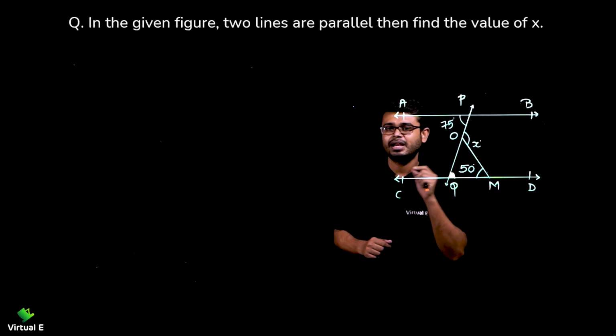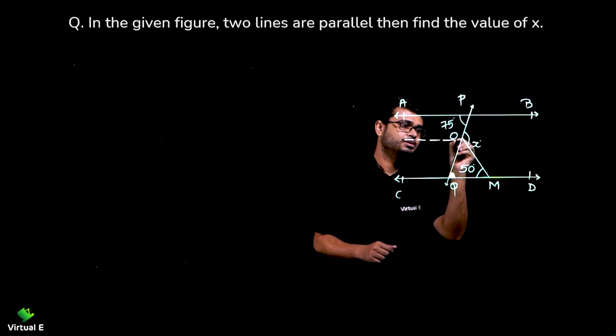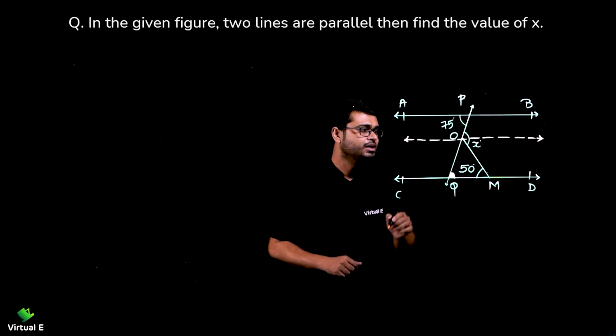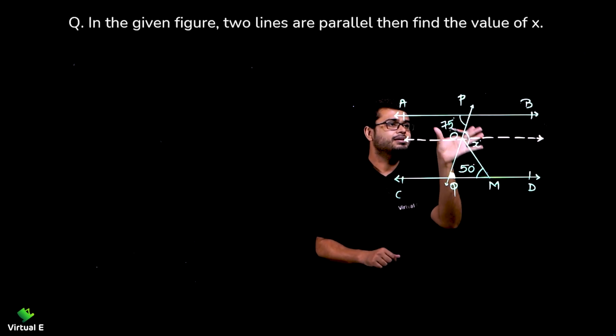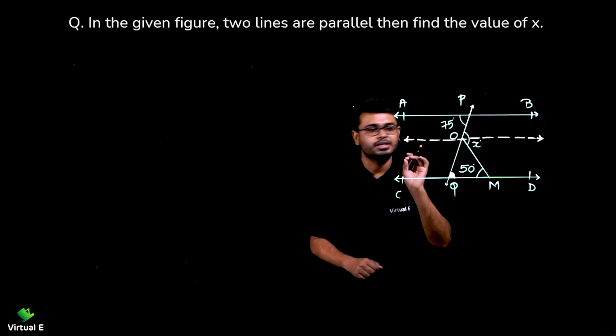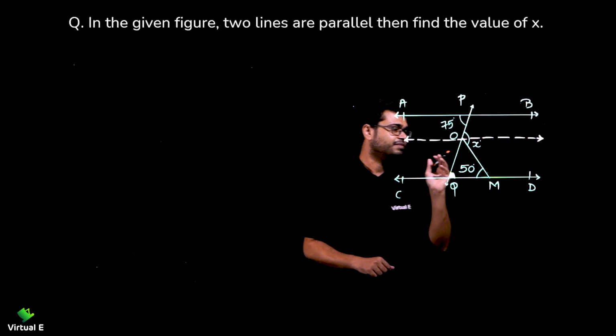Yes, we need one more parallel line, obviously. So let's draw one more parallel line from X. Okay, and I told you that condition is what? This line should be parallel to this upper line and the lower as well, compulsorily. Then only we will be able to do this question. So let's give it a name.